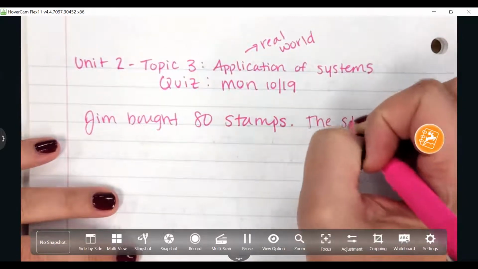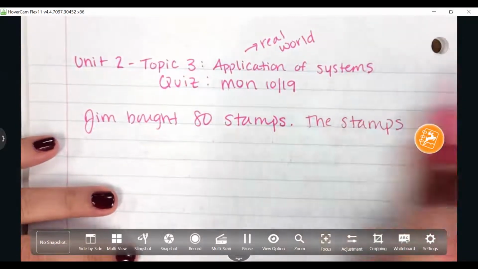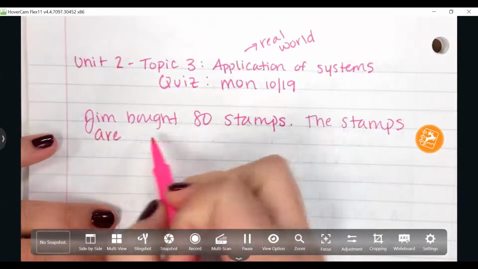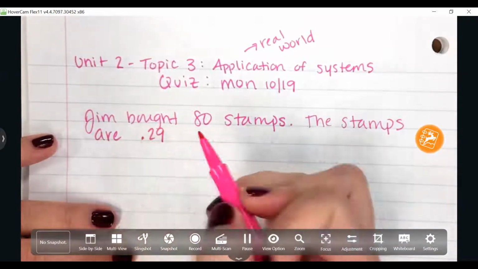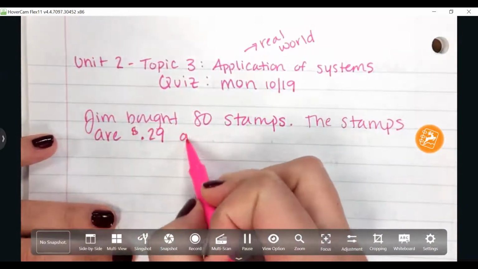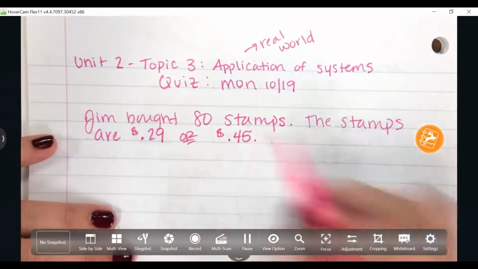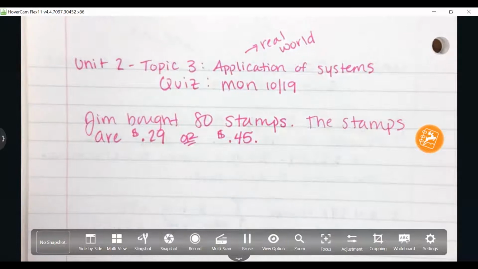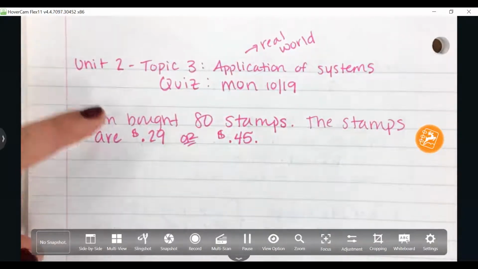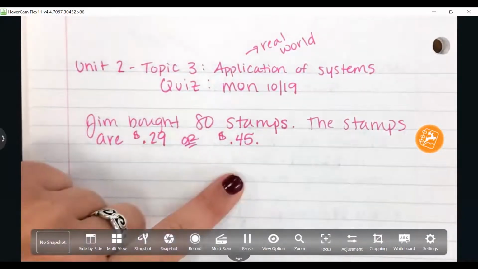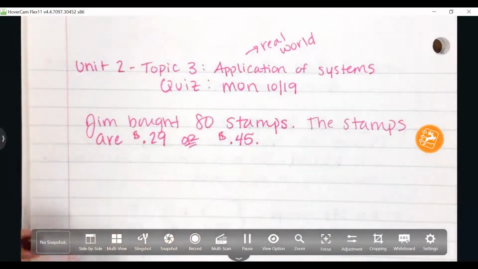These stamps are 29 cents, or they were 45 cents. So he either spent 29 cents on a stamp or he spent 45 cents on a stamp.